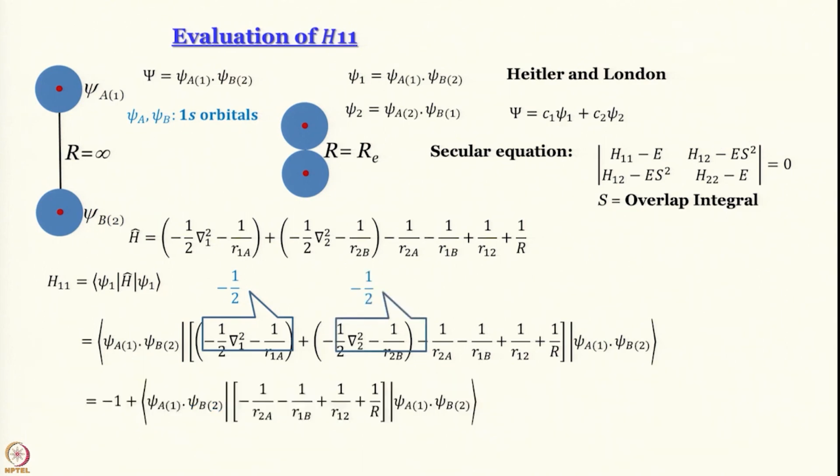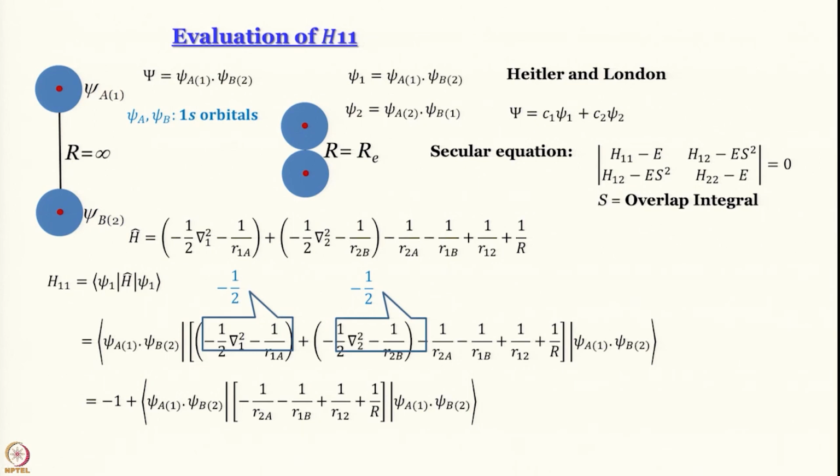So, I can take those out and the expression I get is 1 plus the integral of psi A1 psi B2, left multiplying, the operator is minus 1 by R2A minus 1 by R1B plus 1 by R12 electron repulsion plus 1 by capital R nucleus repulsion, this operator operating on psi A1 psi B2. There is no easy way of evaluating this integral.